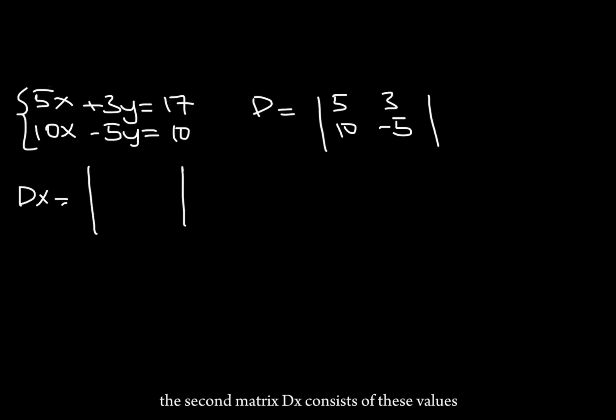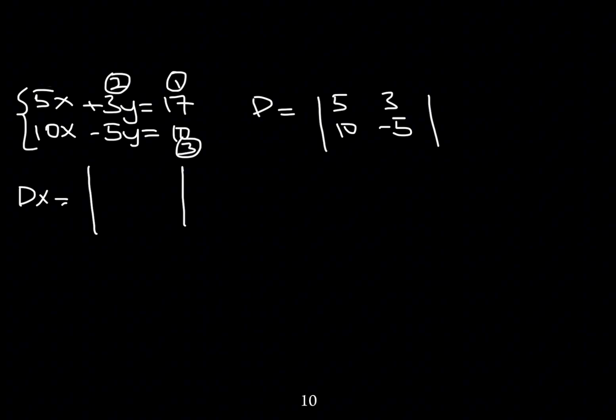The second matrix, Dx, consists of these values: 17, 3, 10, and -5.